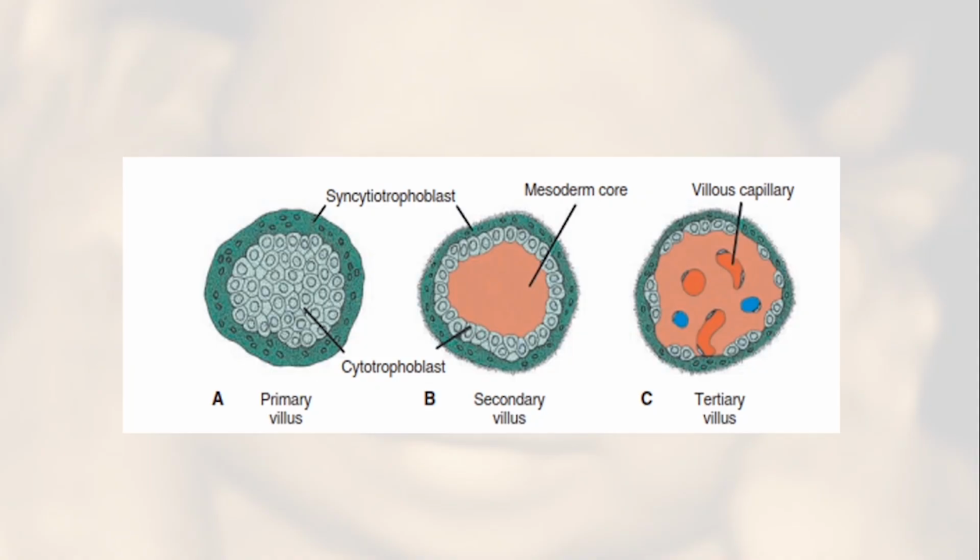When the mesoderm differentiates into blood cells and blood vessels, then it is called a tertiary villus, and then angiogenesis is seen. So this is the primary villus, this is the syncytiotrophoblast, and these are the cells of the cytotrophoblast. This is a transverse section of the villus, and this is the mesoderm already in the core, and then vessels already forming in the mesenchyme.